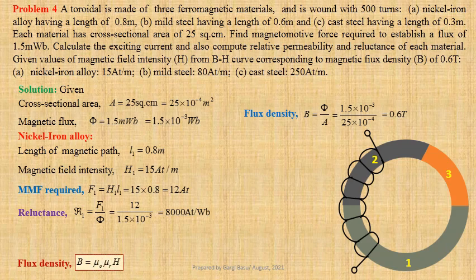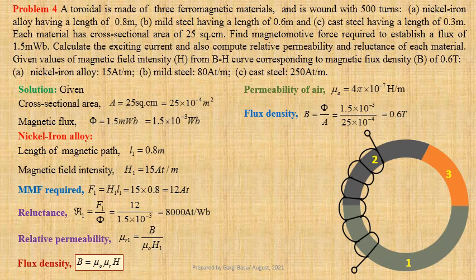Expression for flux density B equals mu 0 mu r times H. Therefore, expression for relative permeability mu r1 equals B divided by mu 0 times H1. We know that the value of permeability of air or free space mu 0 equals 4 pi into 10 to the power minus 7 Henry per meter.